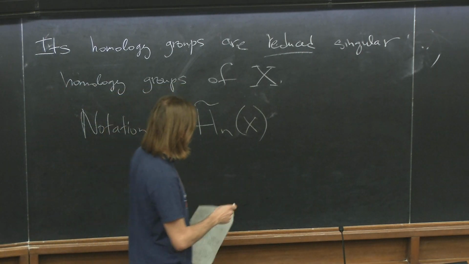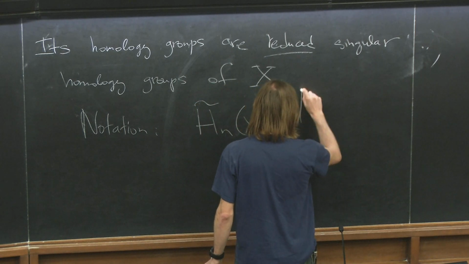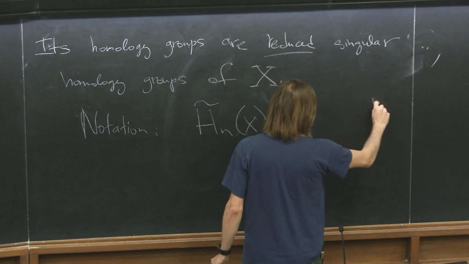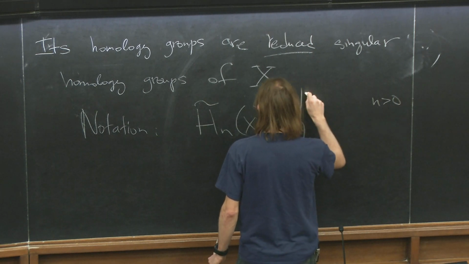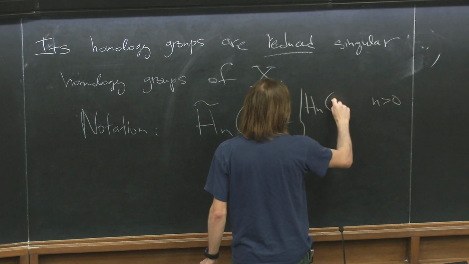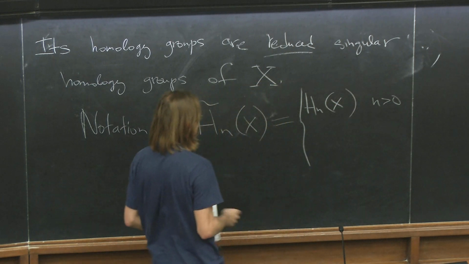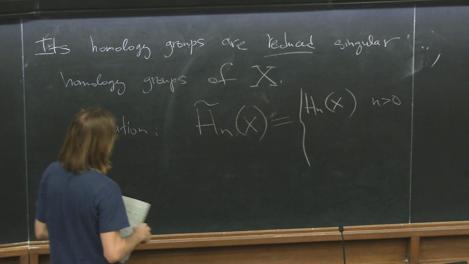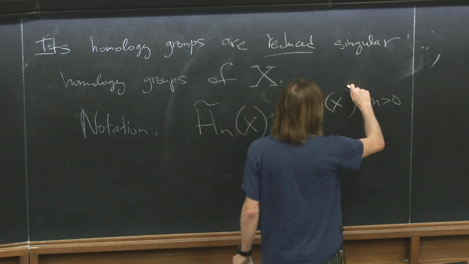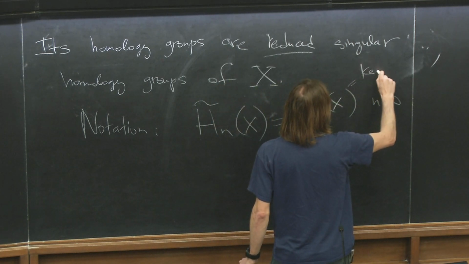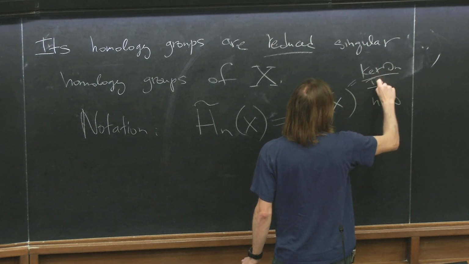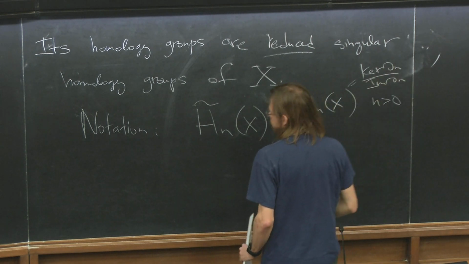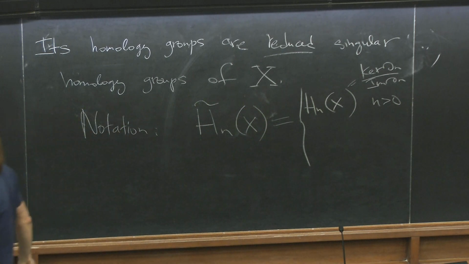And of course, from the definition, it's clear that for n greater than 0, they are just the same as H_n of X, because this is, as before, just a kernel of d_n divided by image of d_{n+1}. So nothing is affected at all.